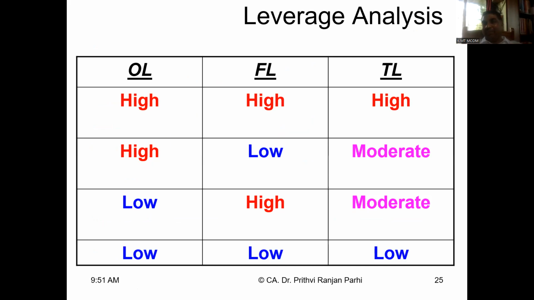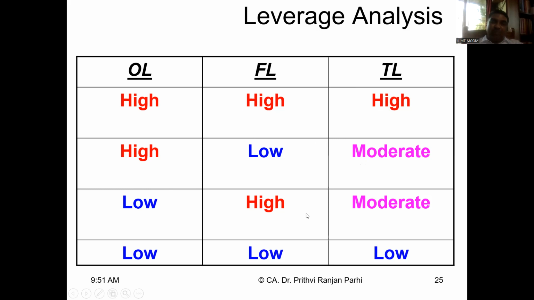So normally a finance manager should keep the leverage moderate. If operating leverage is high and financial leverage is high, my total leverage will be high. If operating leverage is high but financial leverage is low, my total leverage is moderate. If operating leverage is low, financial leverage can be high, and total leverage can still be moderate.